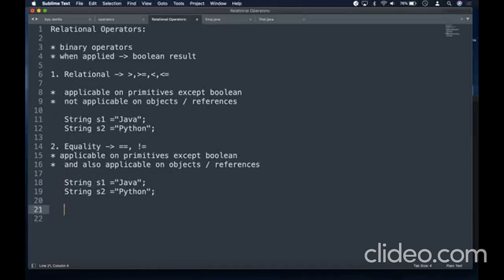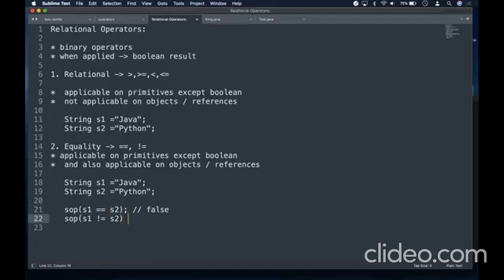Now I can say system.out.println of s1 equal to s2. Actually, this is false. And when I say not equal to, then definitely it is true. So s1 not equal to s2, I'm just giving a space over here to be clear.